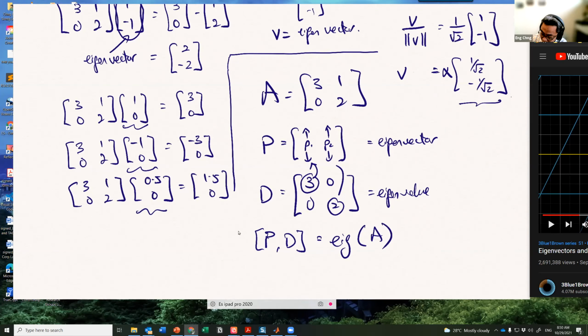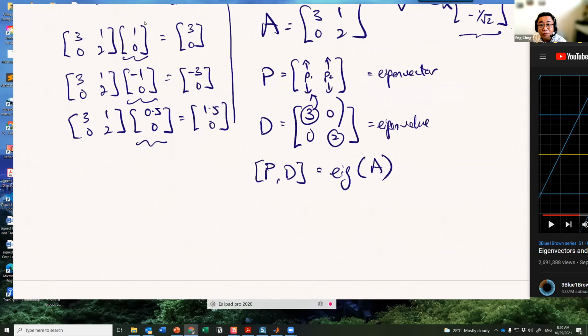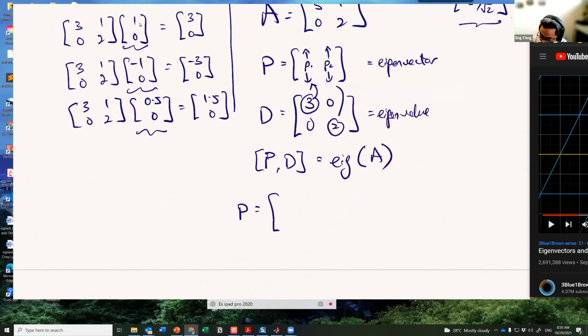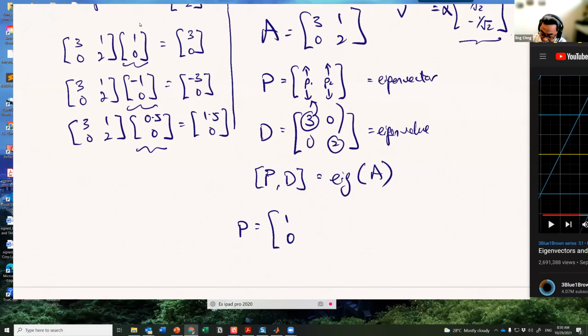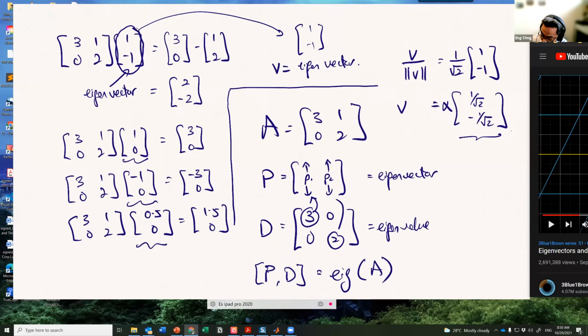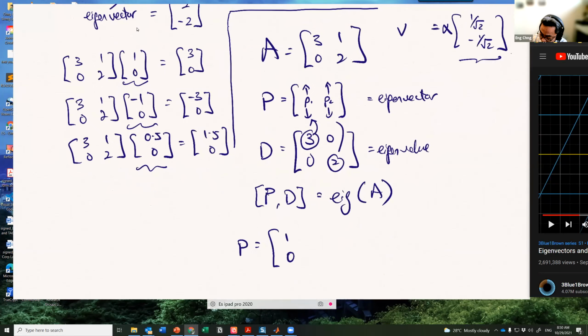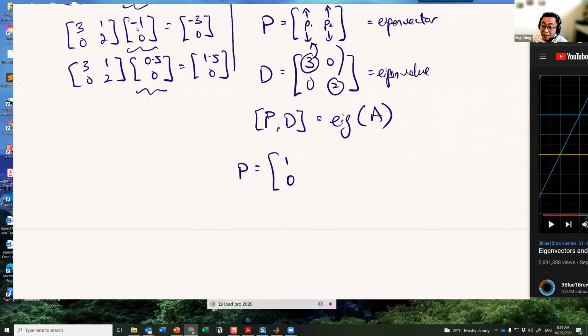Finish, right? Now if we try MATLAB, I will show you what MATLAB does. Let's make a wild guess. We expect P to be 1, 0, I guess, and we expect the other P to be 1 minus 1. What about D? D would be 3, 0, 0, 2. Let's see whether MATLAB gives me this.